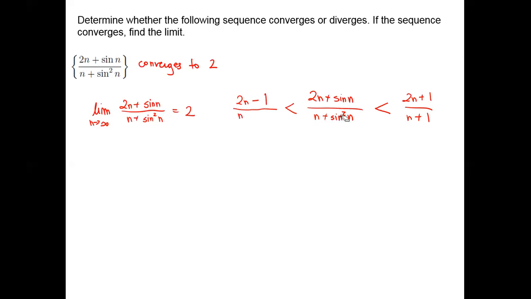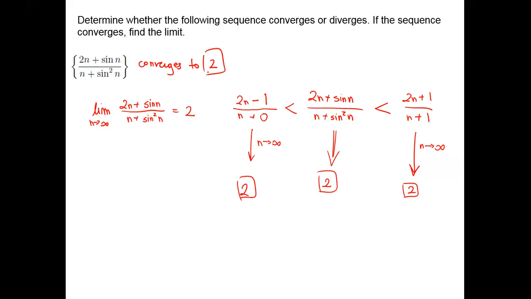And since the sine is squared in the denominator, the minimum value is 0, because all of the squared values are positive. That means plus 0, I can write it down. And now as n goes to infinity, we can nicely see that this limit is 2, and also this limit is 2. That means by the squeeze theorem, the middle formula is forced to have the same limit, 2. That's what we just said. The sequence is convergent to 2.